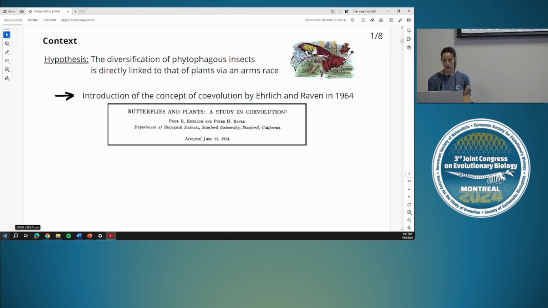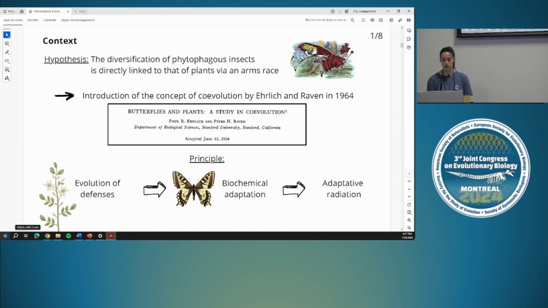It was Ehrlich and Raven who introduced the concept of co-evolution in 1964, using the interactions between butterflies and angiosperms to try to explain the impressive biological diversity of these groups.